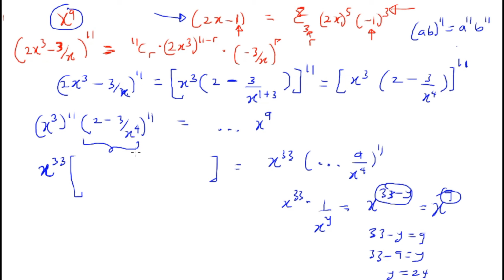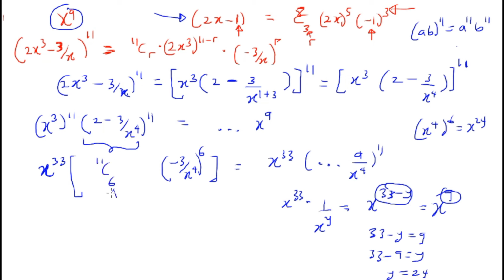If y is equal to 24, that means I want my x to be raised to power 24. Then how is that possible? x is already raised to power 4. So I just need the point where I will have minus 3 x raised to power 4, then 6. Notice that x raised to power 4 raised to power 6 is the same thing as x raised to power 24. If this is 6, then I should have 11 combination 6.